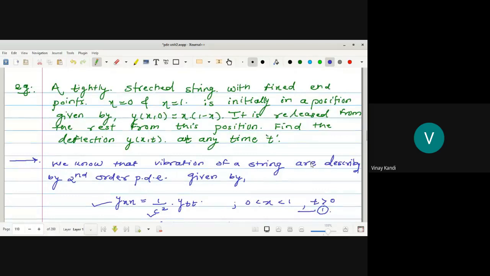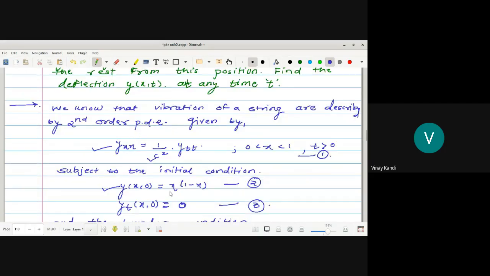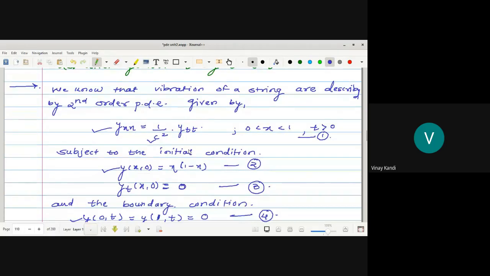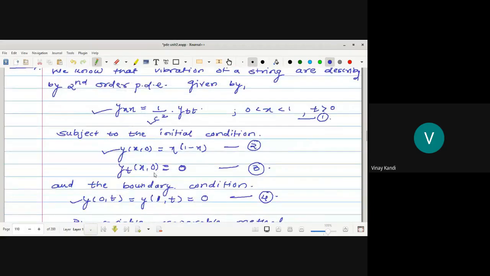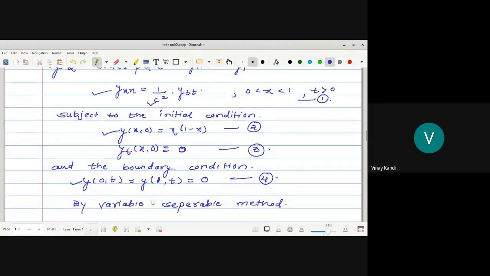A tightly stretched string with fixed endpoints x is equal to 0 and x is equal to 1 is initially in a position given by this. Initial position is given. We have to find the deflection y of x at any point, at any time t. We have the second order partial differential equation y_xx is equal to 1 upon c square into y_tt, subject to conditions 2, 3 and 4.